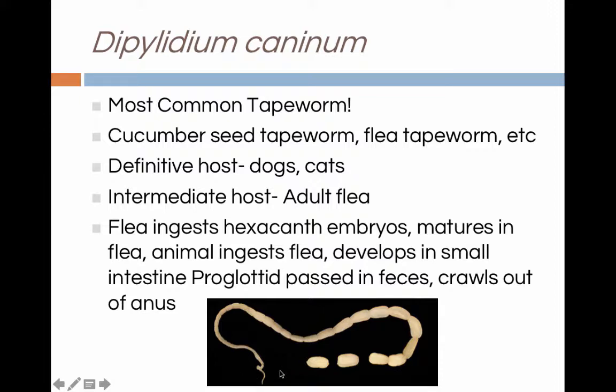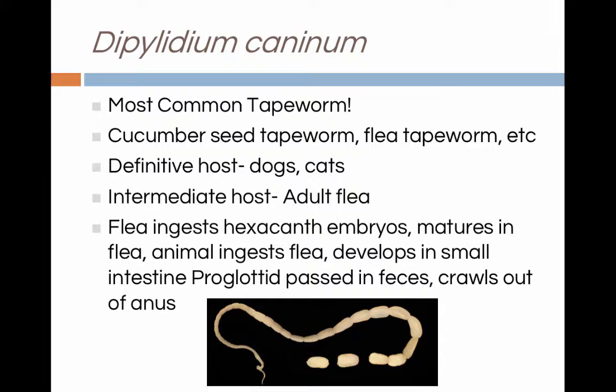They move like a little inchworm. Quite disgusting. Inside each one of these proglottids are hundreds and hundreds of eggs, and the eggs we refer to as hexacanth embryos. Just like a person's egg is an embryo, same word coming back.